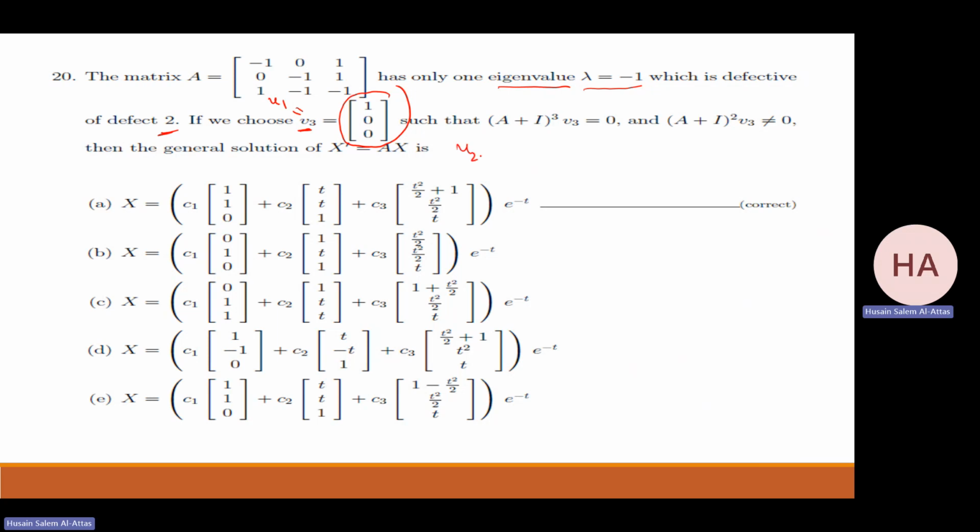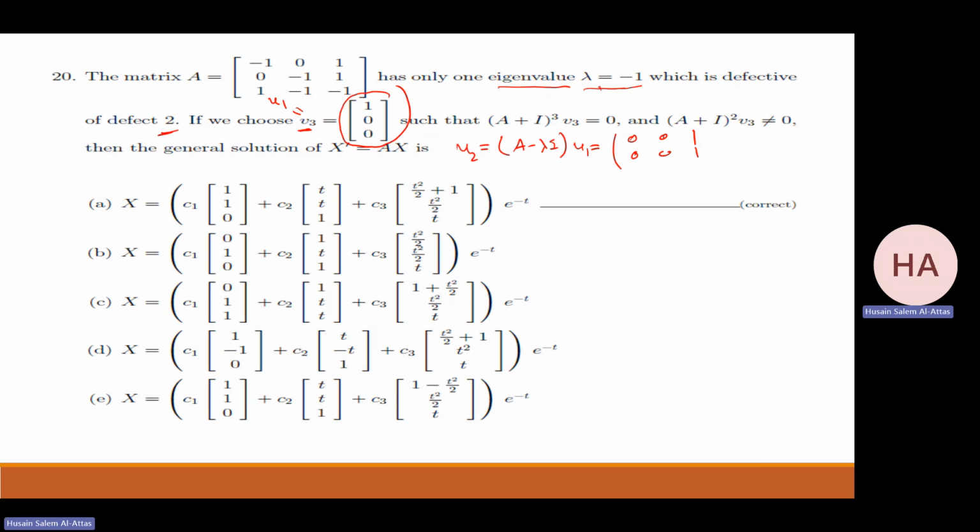So I have U2 equals A minus lambda I, what is lambda? Minus 1, times U1. That will be, I have lambda minus 1, so minus 1 minus 1, that will be 0, 0, 1. 0, 0, 1.